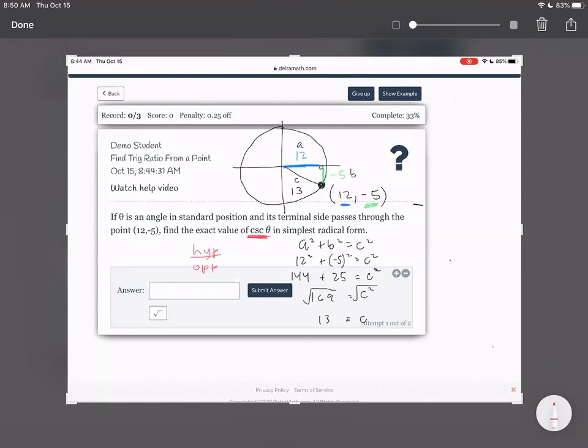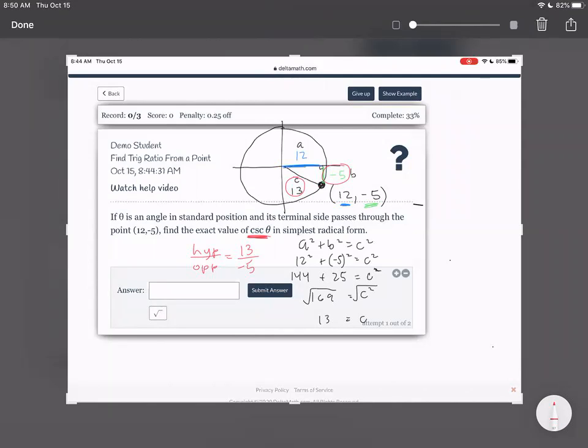So then all we gotta do is put this together. What is our hypotenuse? 13. What is our opposite? -5. And then we simplify. In this case, this is already simplified. So our answer is 13 over -5.